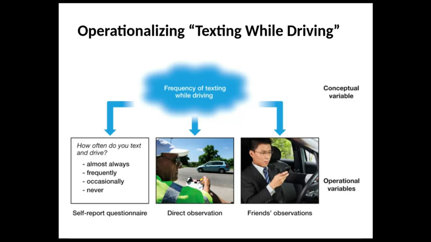Well, the conceptual definition is pretty easy on this one. Actually texting while you're driving. One of the things that we may not know is how you define texting specifically, because there can be a little bit of variation. What I mean by that is that texting could be literally putting your head down off the road and actually putting in the words and letters with your fingers while you're texting.